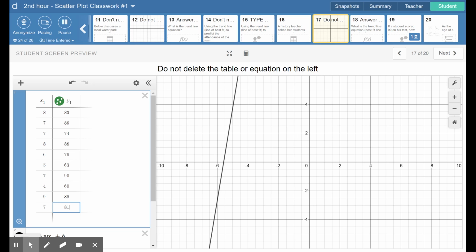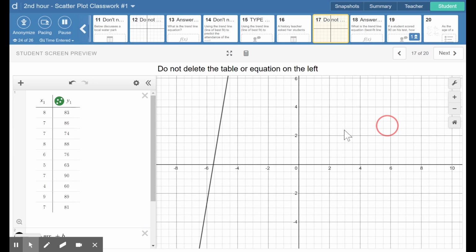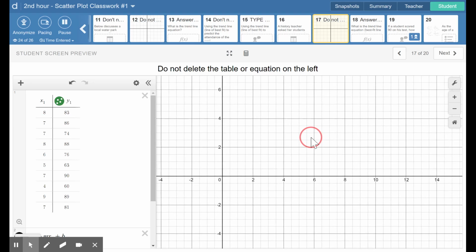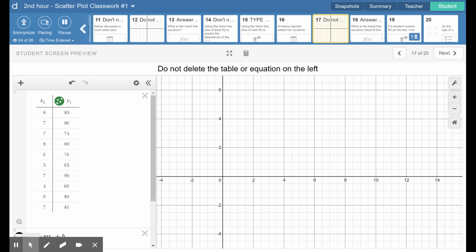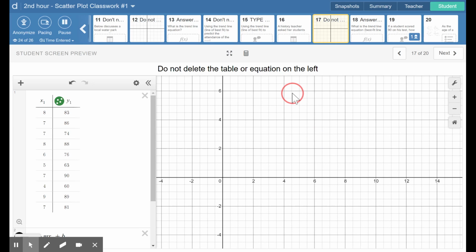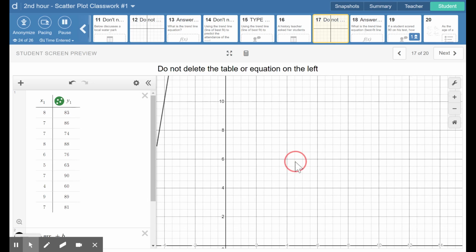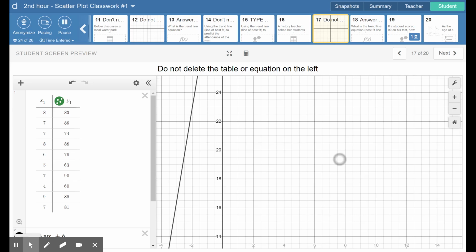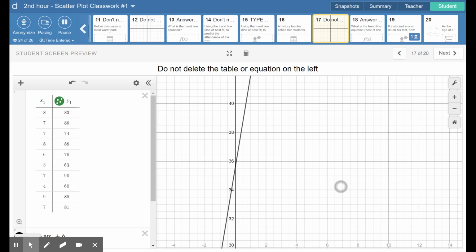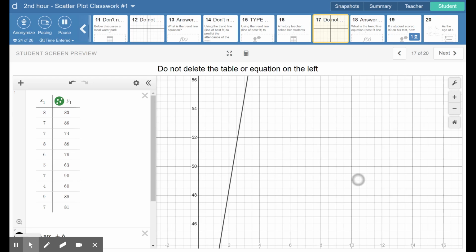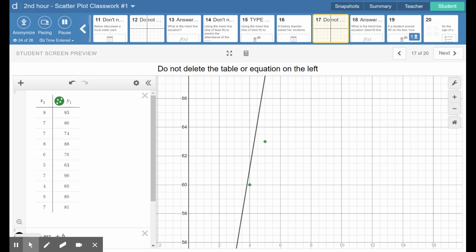If you notice over on the x's, the smallest x is 4, and then the biggest x is 9. So we actually have to scroll over here, but then look at the y values. The y values are not from 0 to 6. They're like 63 to 90. So we're going to have to scroll up to see the data points because it's out of our view.